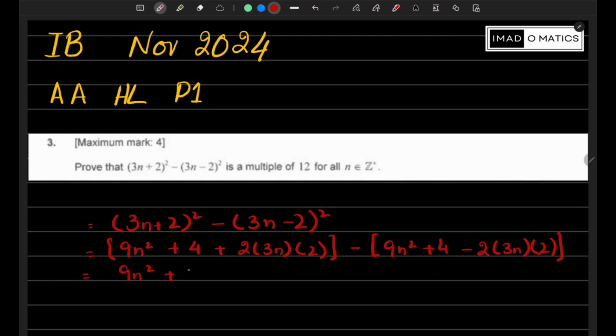That gives 9n square plus 4 plus 12n, minus, 9n square plus 4 minus 12n.